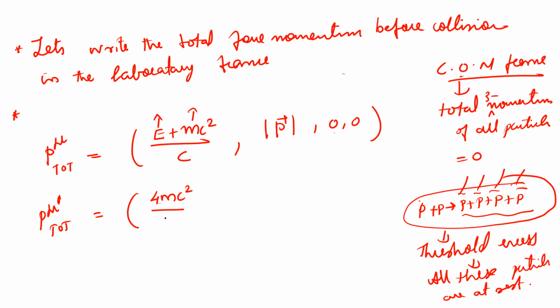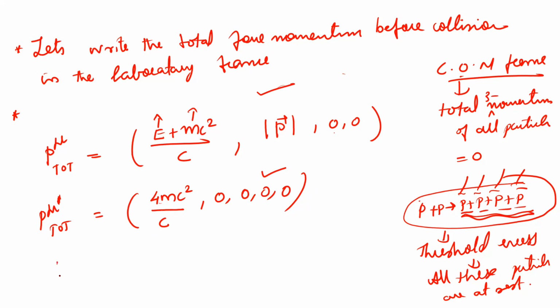The zeroth component is divided by c, and we take each individual momentum to be 0 because we are calculating the threshold energy. We didn't do anything much: we wrote the total energy before collision in the laboratory frame, and the total energy after collision in the center of mass frame. In the center of mass frame, not only is the total momentum 0, but each of the individual momenta are 0.